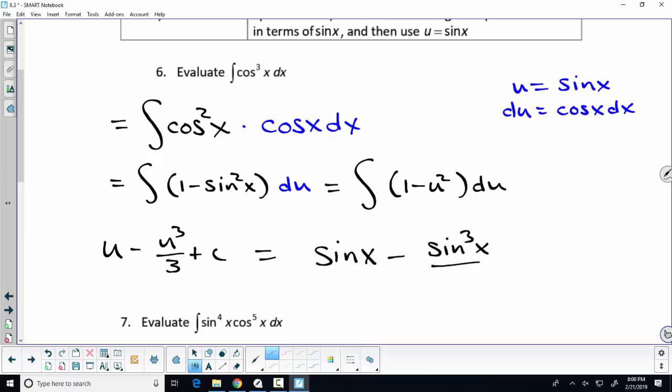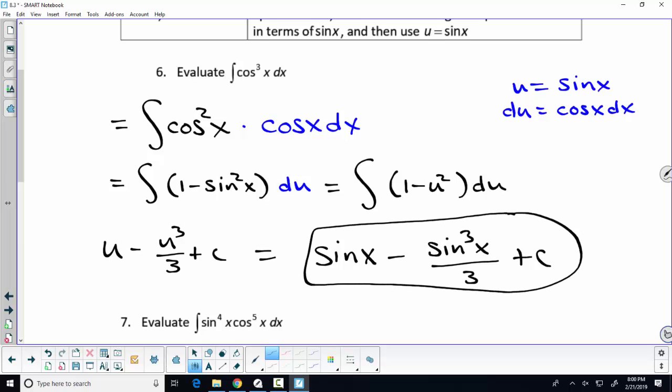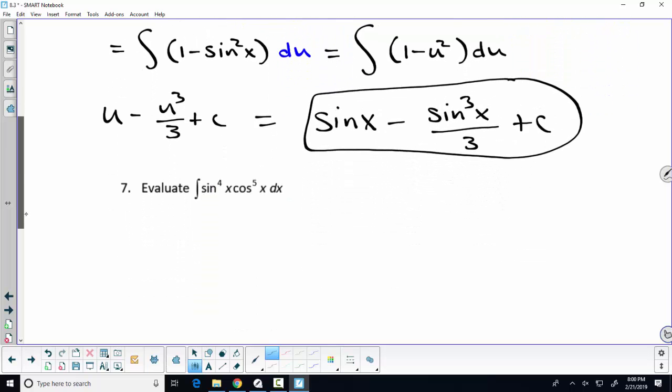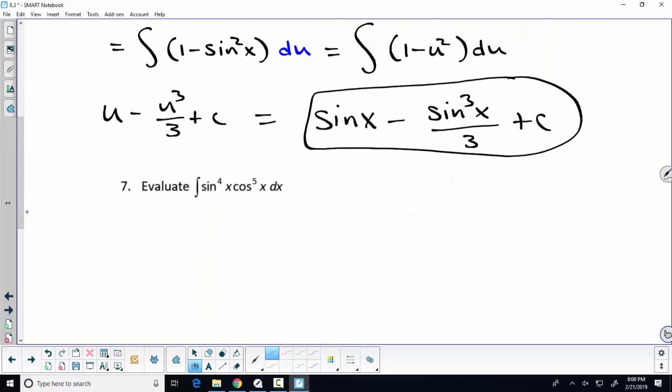That's our antiderivative. Notice number 7 has both sine and cosine, but one of them is an odd power. So I'll try problem number 7.